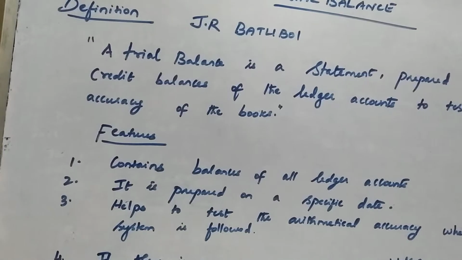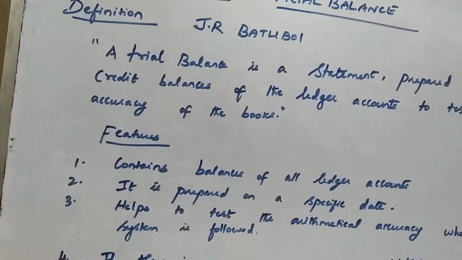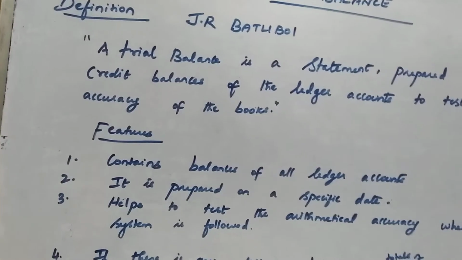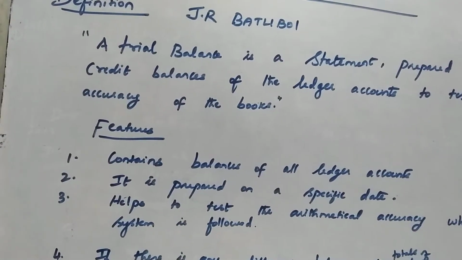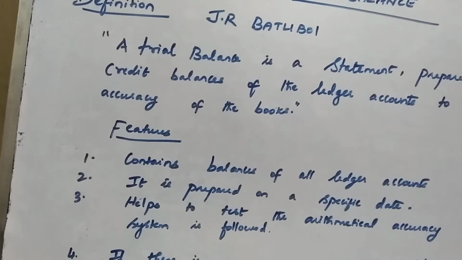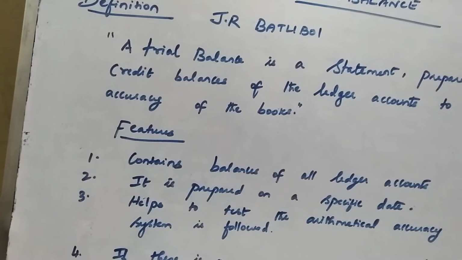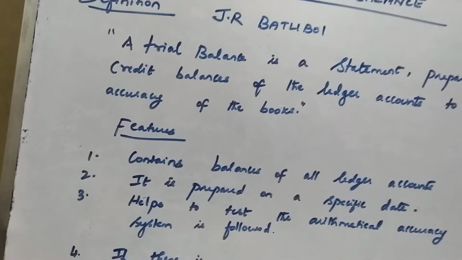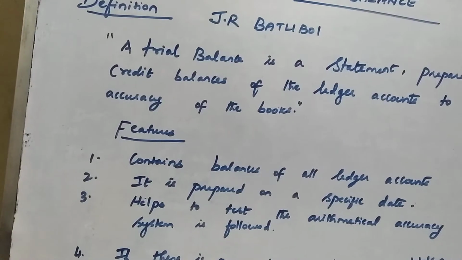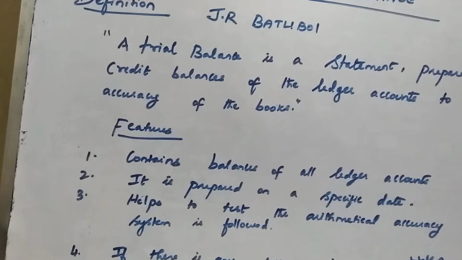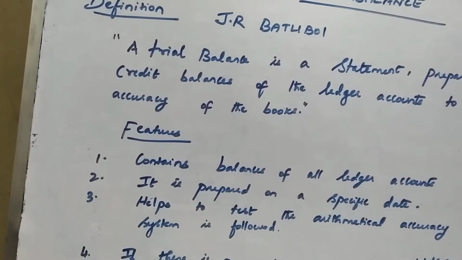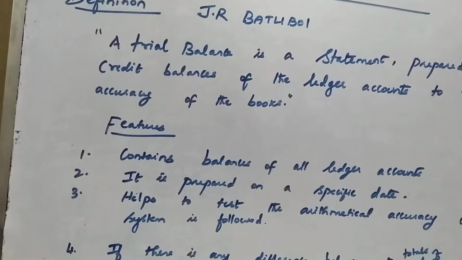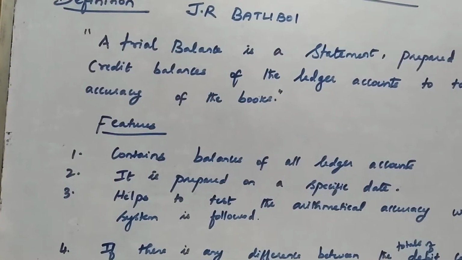It is a statement having all the ledger balances, so it contains balances of all ledger accounts. It can be prepared on any day, on a specified day. In the title, you will write trial balance as on, and fill in the date on which you are preparing the trial balance. So it is prepared on a specific date.